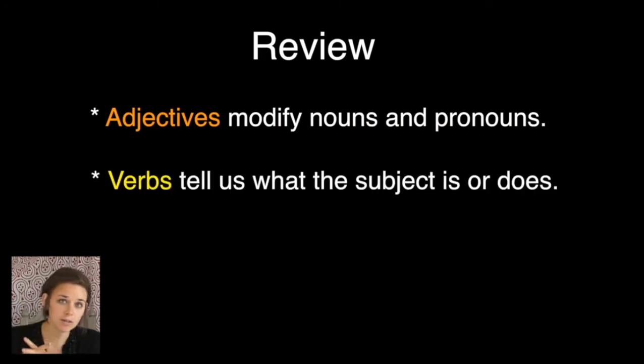And you know that verbs tell us what the subject is or does. Now in this lesson, we're going to be learning about adverbs. Yay! Adverbs are kind of like adjectives. Remember that adjectives describe or modify nouns and pronouns? Well, adverbs are also modifiers.